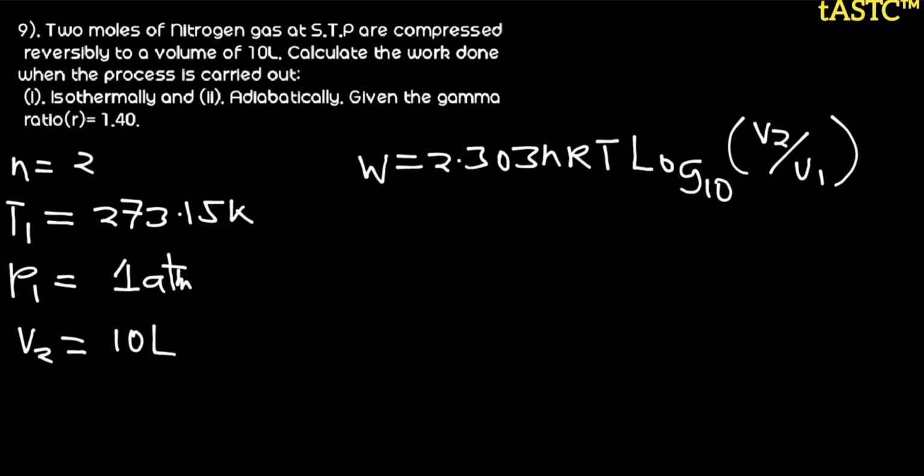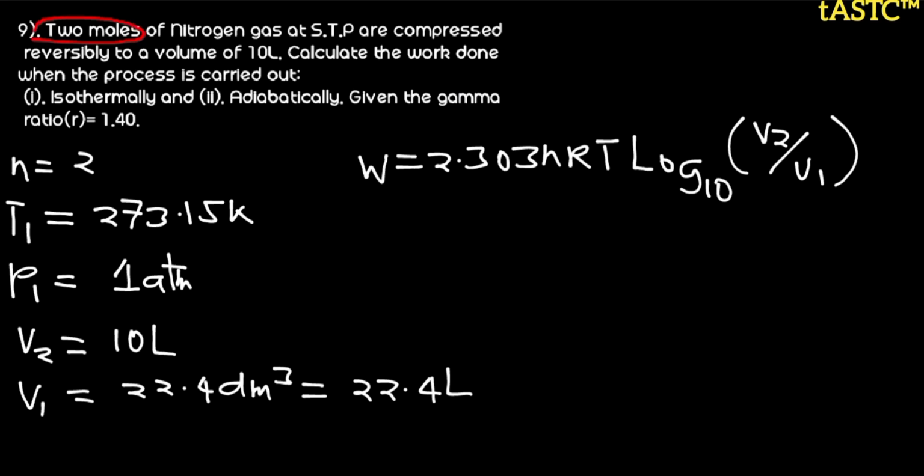tricky, except you know that at STP, 1 mole of a gas is equal to 22.4 dm cube. Now dm cube is the same thing as liters, so this is 22.4 liters. But that is for 1 mole of an ideal gas. In this case, we have 2 moles of the gas.